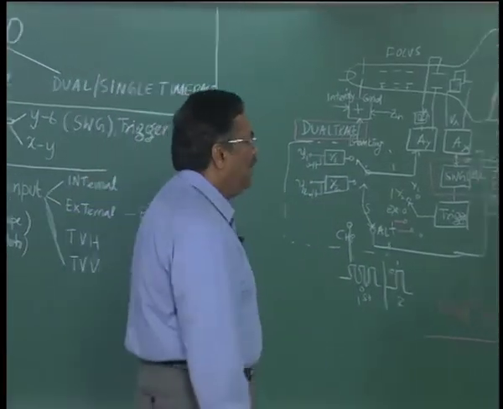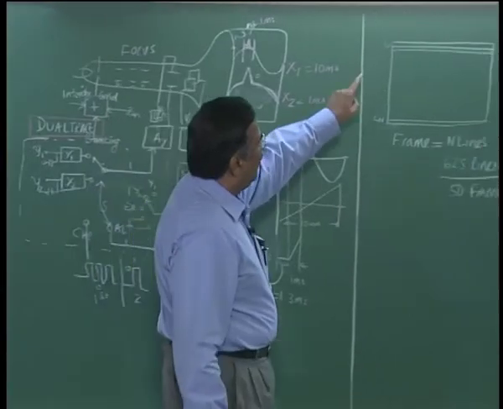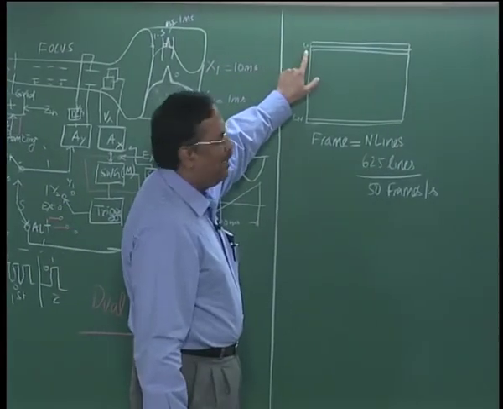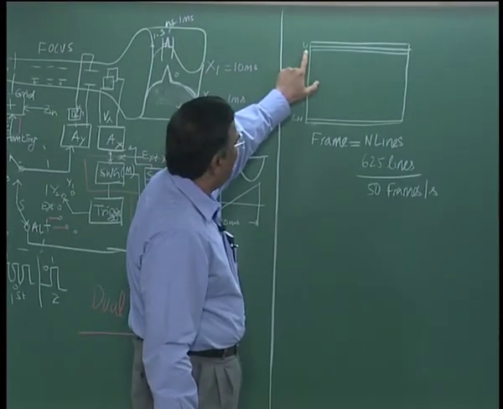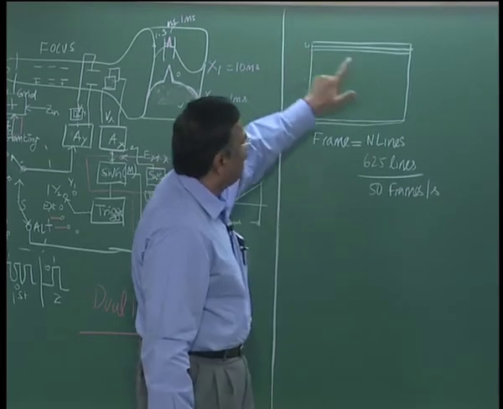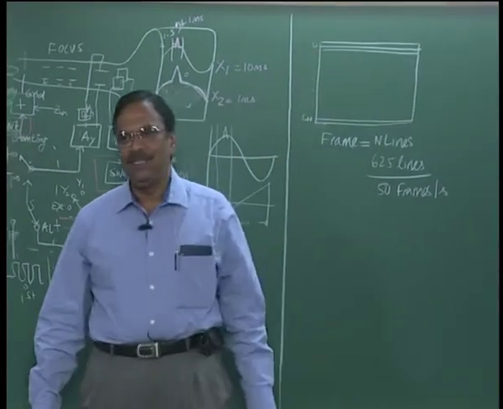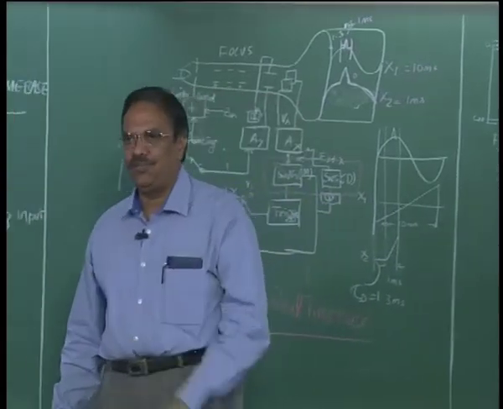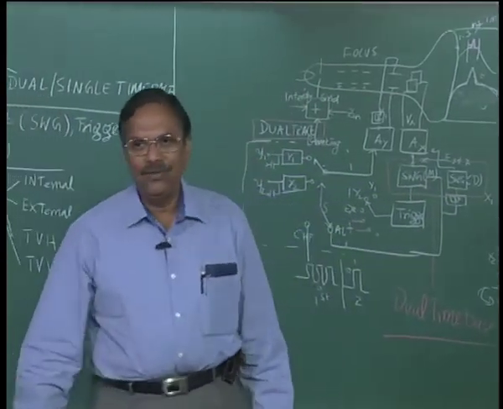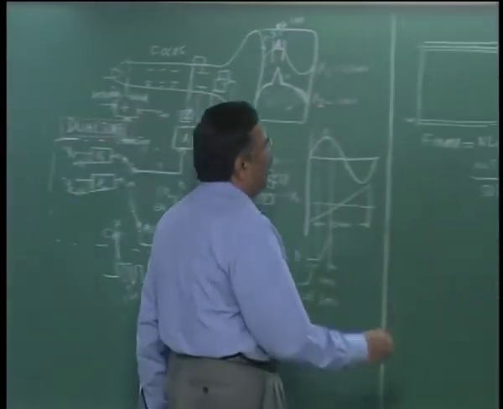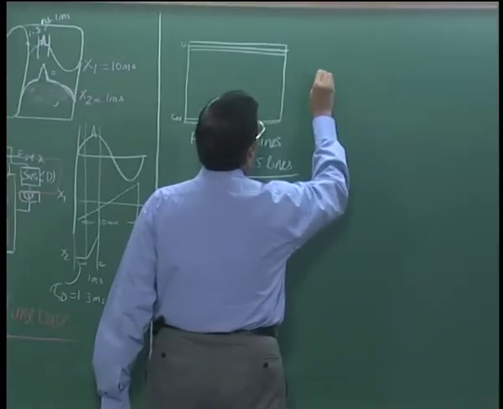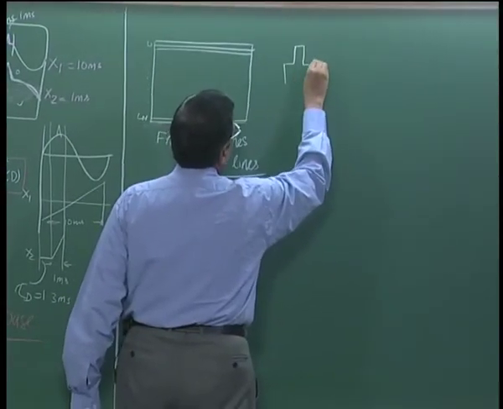Now when I am transmitting the signal, I have to clearly tell where is the start of line 1 and where is the end of line 1 and beginning of line 2, right. Okay. So if I look at a typical analog TV signal, it would be something like this.